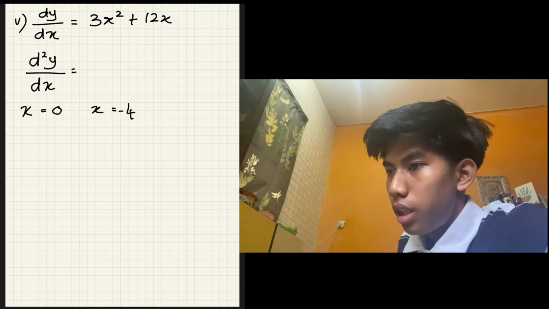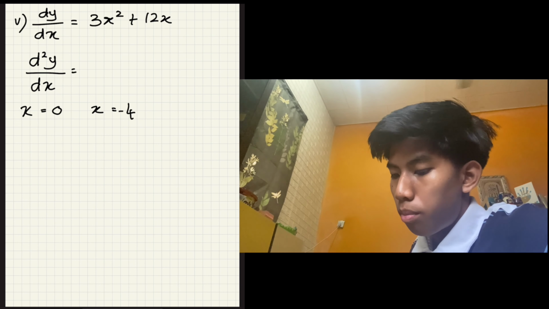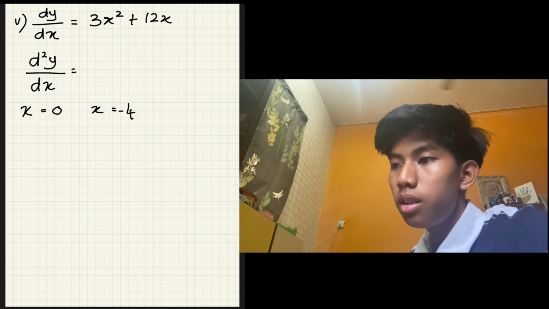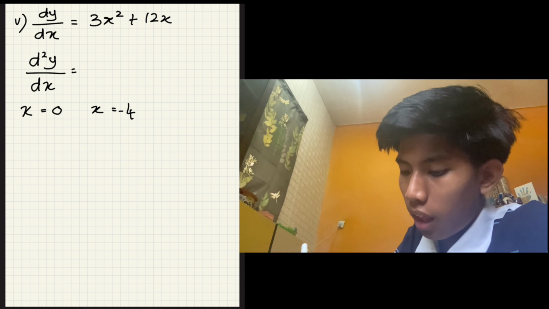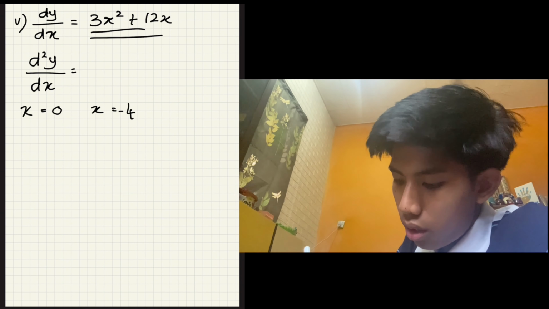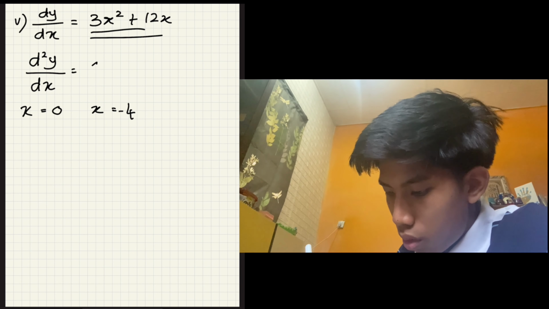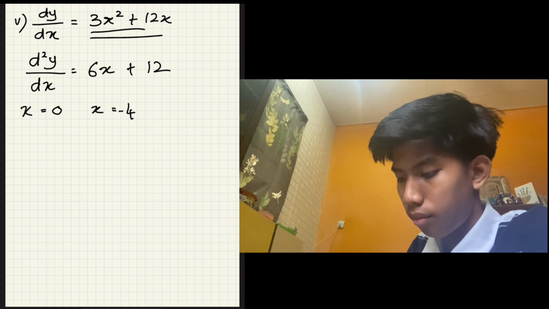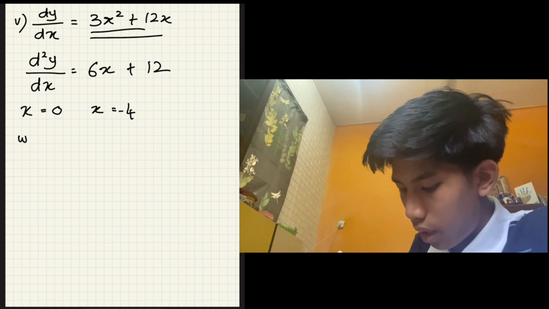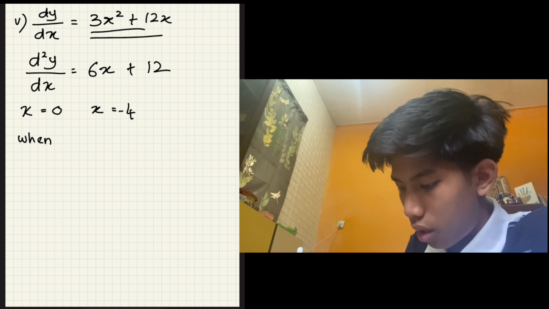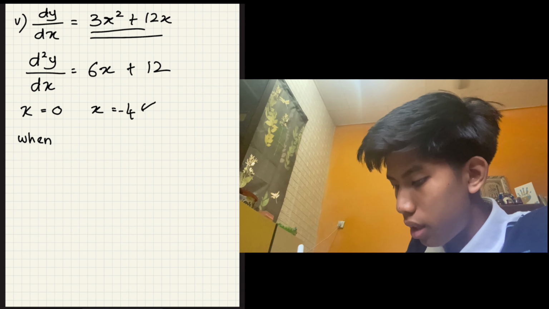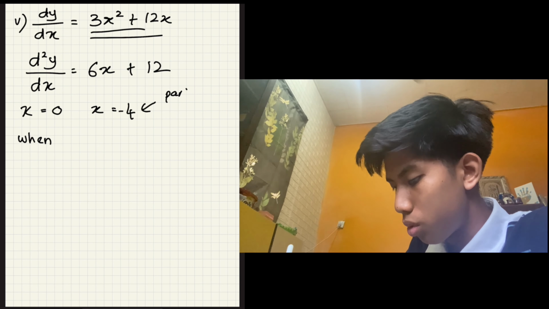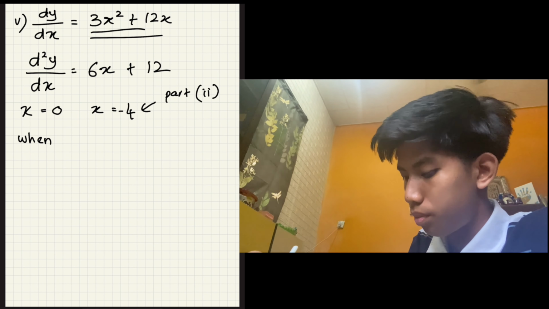To determine the nature of any stationary point, you have to use the second derivative method. Now the first derivative is done, now we are going to do the second derivative. It is 6x plus 12, that's it. Now this I take from part 2, the coordinates of part 2.